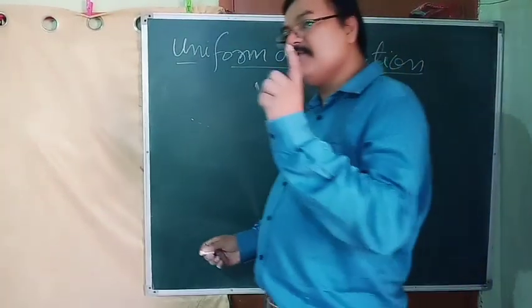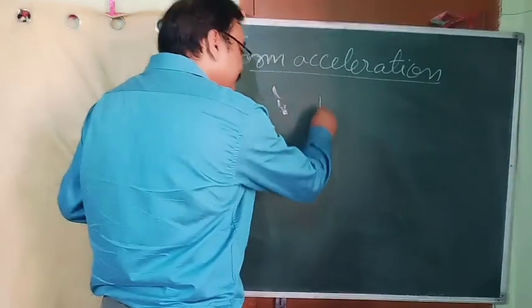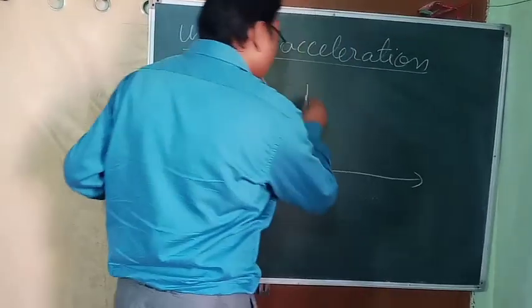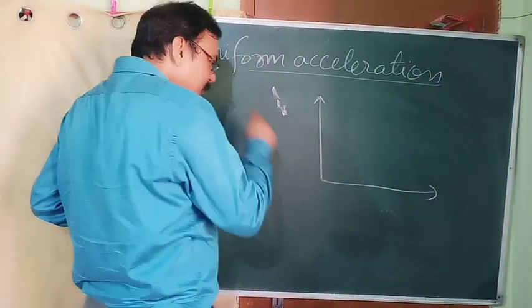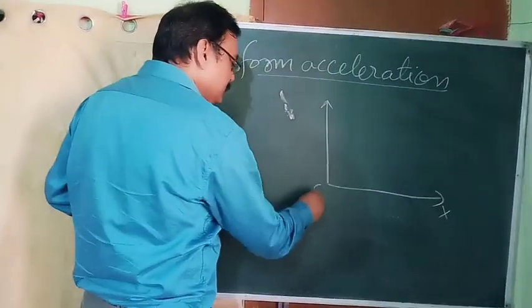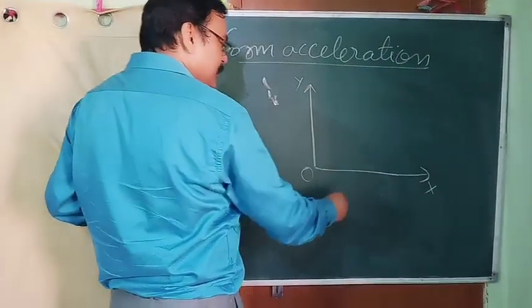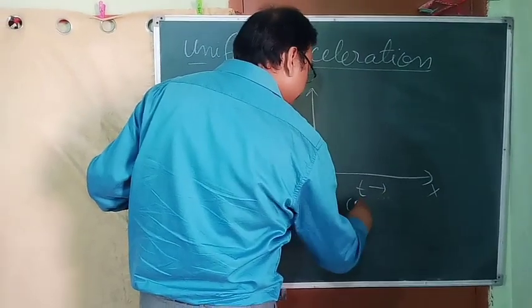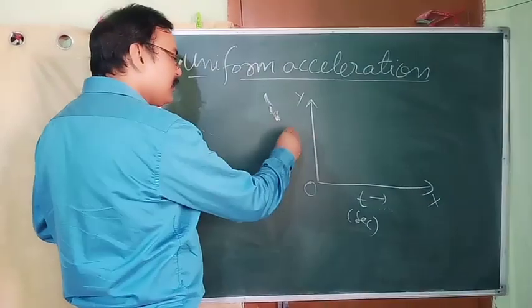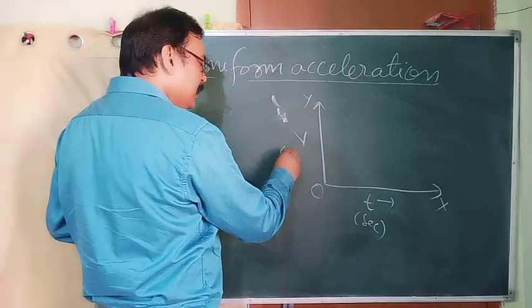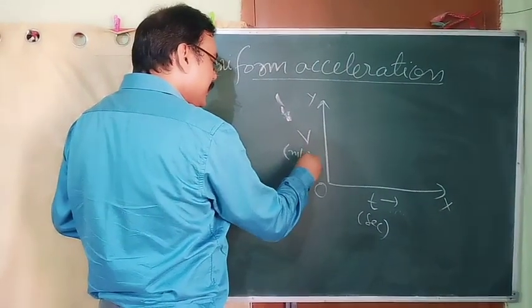Now see, for uniform acceleration, how can we draw the graph? This is the x-axis, this is the origin, this is the y-axis. Here we have taken time in seconds, here we have taken the velocity in meter per second.